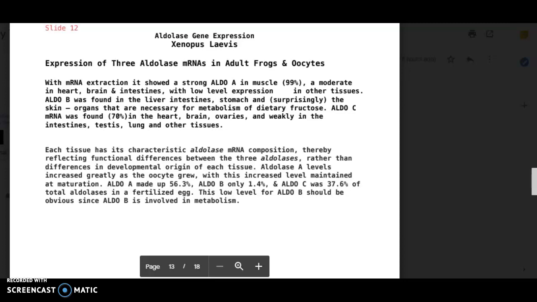From the early neurula stage, however, the level of aldolase A increased sharply to the tadpole stage, stage 35. The period of this great increase in the amount of aldolase A messenger RNA corresponds to the period of a great increase in the number of cells as well.